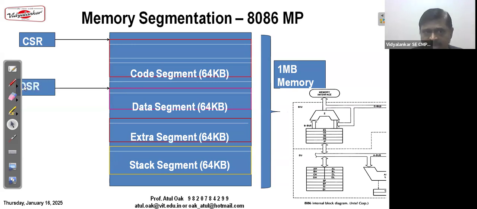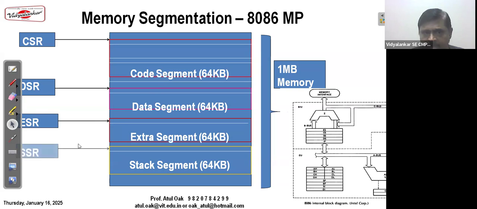Second, data segment register, which is a 16-bit register, will indicate start of data segment. Same way, extra segment register, a 16-bit register, indicates start of extra segment. And stack segment register, a 16-bit register, indicates start of stack segment.